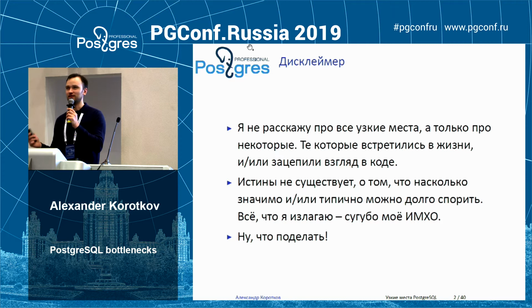The presentation will look like a set of use cases. Of course, I can't just take all these real use cases and show them to you, so I decided to replicate these problems in Postgres using PGBench with some custom tools.